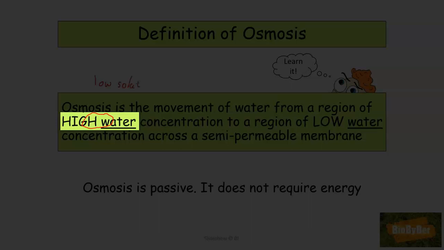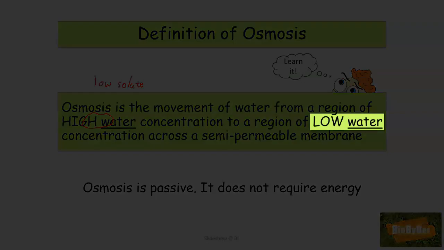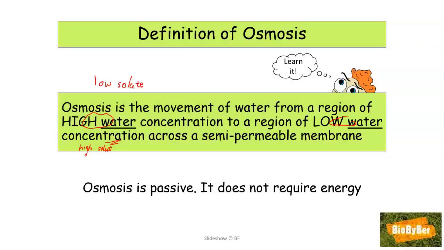So according to the definition of osmosis, water will move from a region of high water concentration to a region of low water concentration. Low water concentration means a lot of salt and sugar or a high amount of solute. How we remember that is that we come down from a high. The water will move from a region of high water concentration to a region of low water concentration.